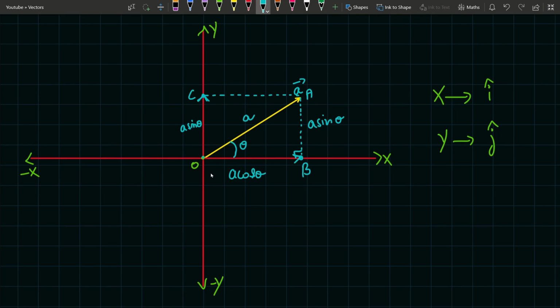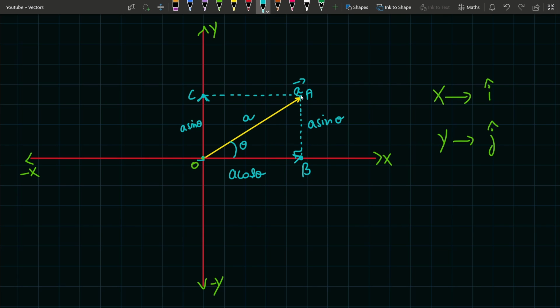Why have I written this? Because can you see some resemblance of this structure to the parallelogram law of addition? Both are the same. See, if OB is a vector and OC is a vector, then OB vector plus OC vector is nothing but OA vector, that is A vector, from the parallelogram law of addition. Because from the heads of these two vectors, I have drawn parallel lines.